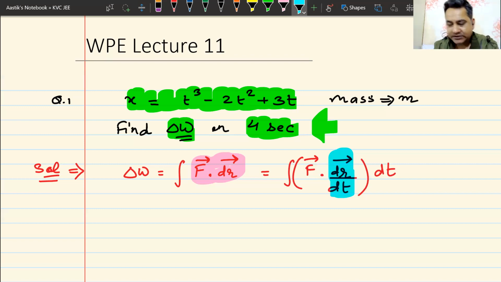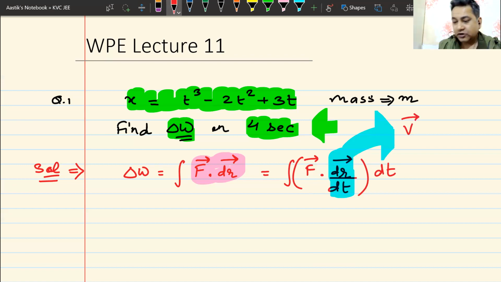What is dr by dt, vector by scalar? No one knows it. Well done. So dr by dt is velocity v, the rate of change of position with time.